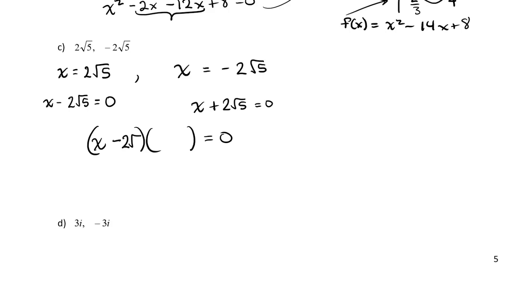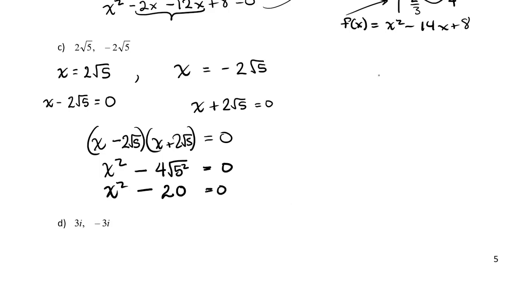x minus 2 root 5 times x plus 2 root 5, and we'll have x squared minus 4, and then it'll be the square root of 5 squared, which will just be a 5. So we can say x squared minus 20 equals 0.